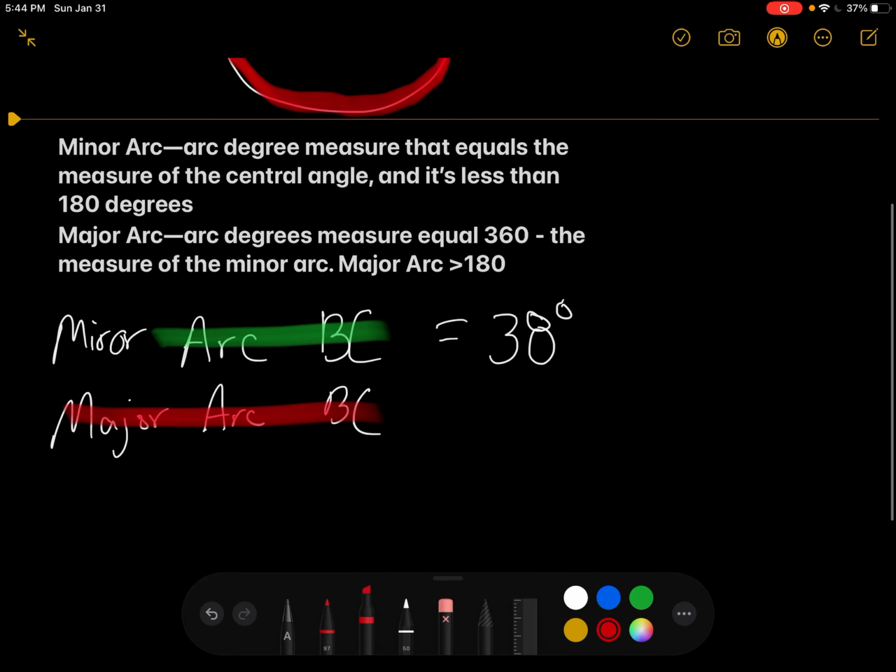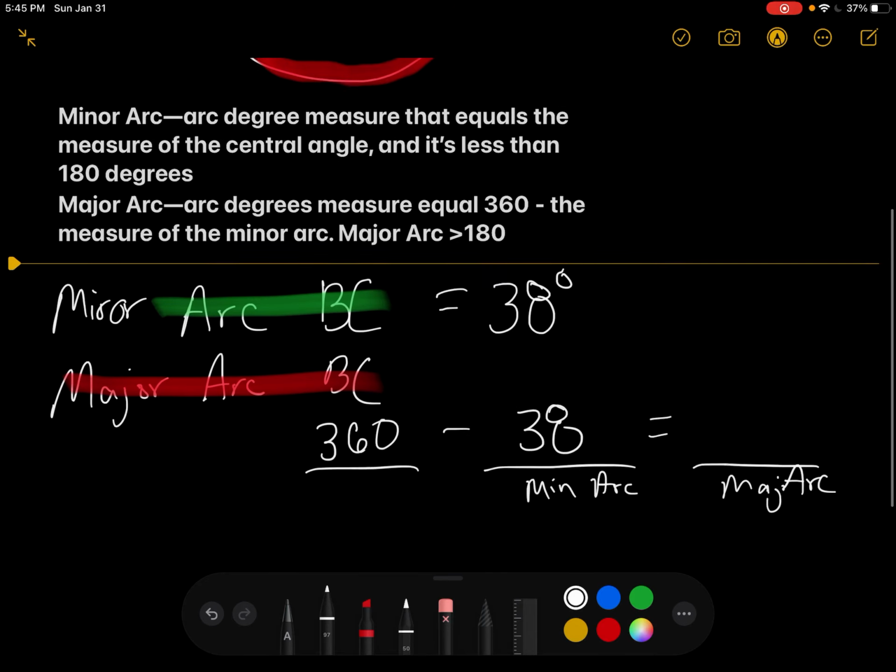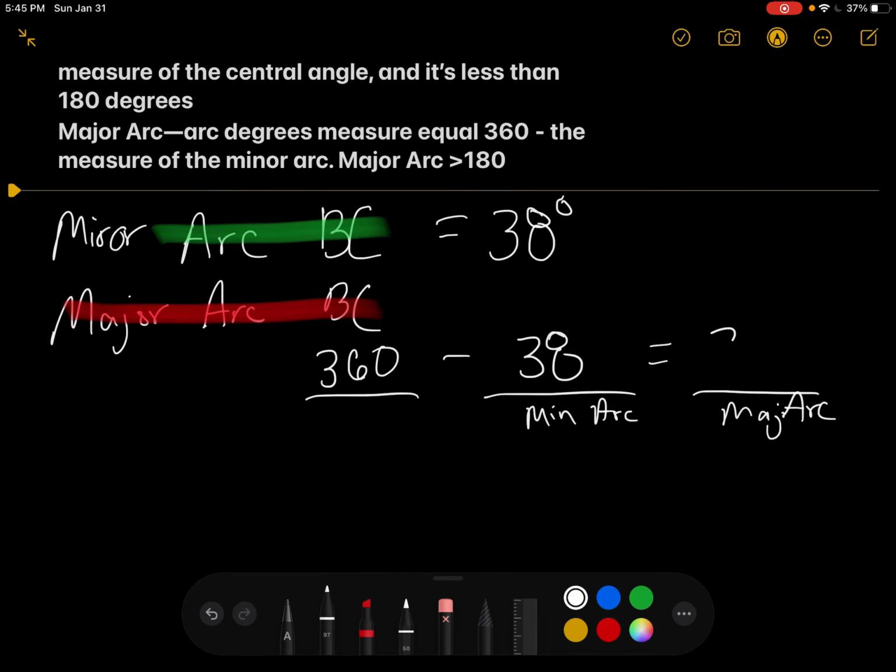Everything that's not in green, in this case, is going to be our solution. So it's 360 degrees of the circle minus our minor arc equals our major arc. So our minor arc in this case is 38. We can take those two and subtract them and get an answer of 322. So major arc BC equals 322.